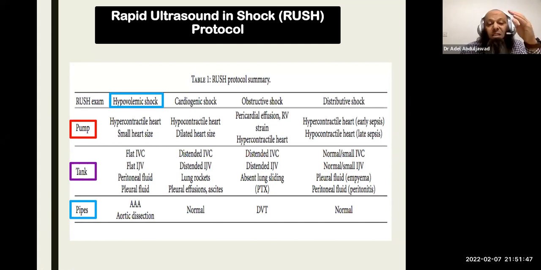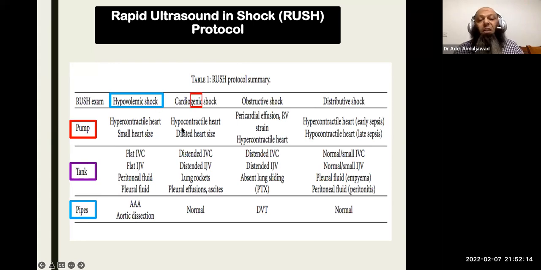And you assess the peritoneal fluid and pleural fluid as well. So this goes with hypovolemic shock. If you go for the pipes, for the aorta and aortic dissection, and you assess for any of these findings, if you have some expertise and your patient is thin, this will give you supportive data about the diagnosis of hypovolemic shock.